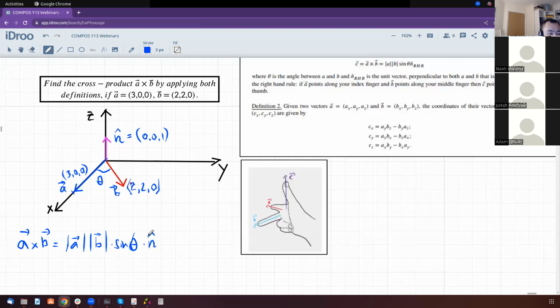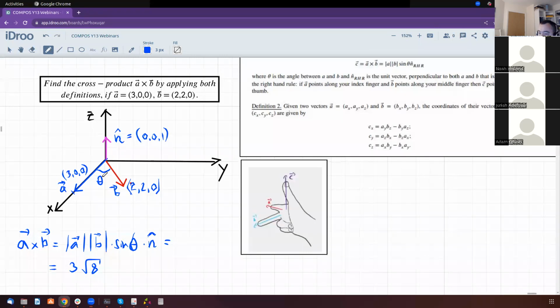It's a hat because it's a unit vector. So modulus of vector A is easy to calculate. It's 3. Modulus of vector B is 4 plus 4, so that's 8, square root of 8. Sine of the angle theta.